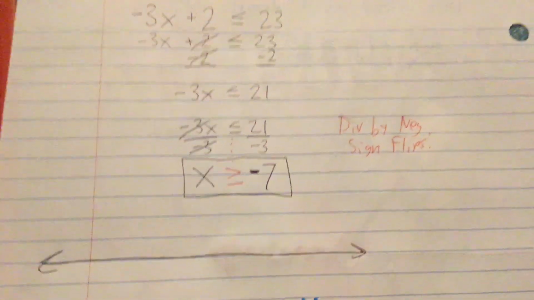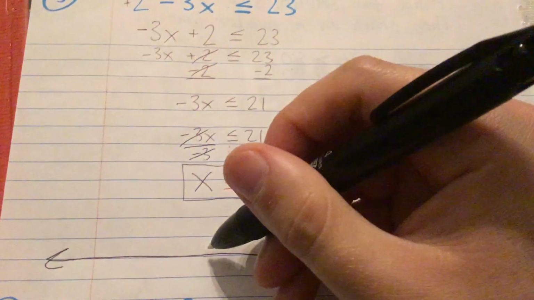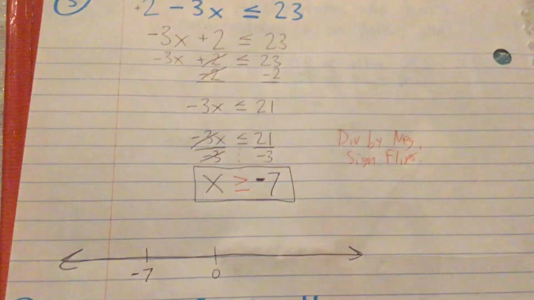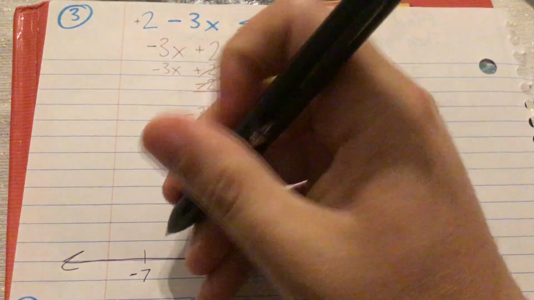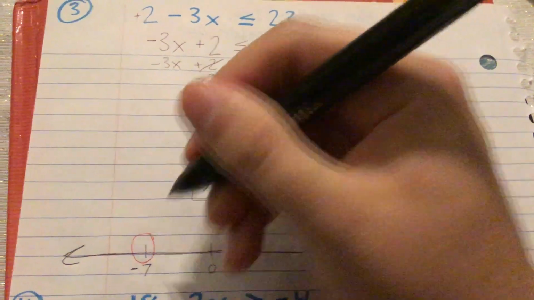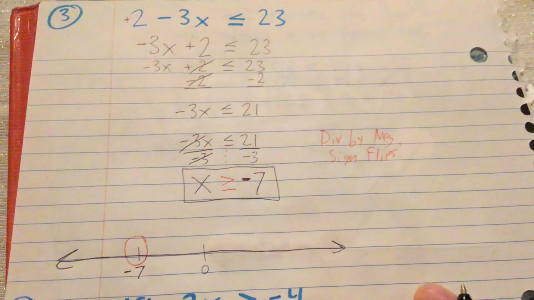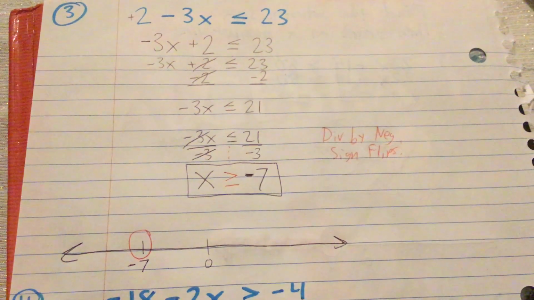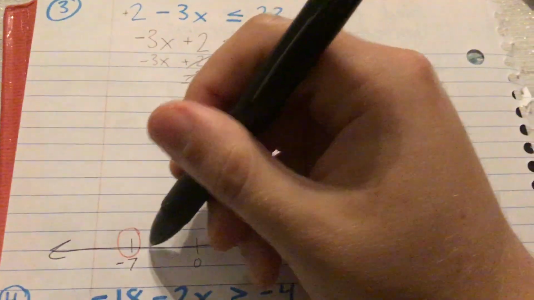Now we're going to graph this on the number line. So now I'm going to put 0 in the middle. Negative 7 is to the left, so I'm going to put that right over here. I'm going to circle my negative 7 endpoint. And what numbers are greater than or equal to negative 7? To the right.